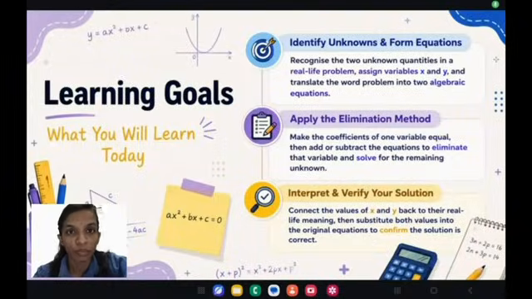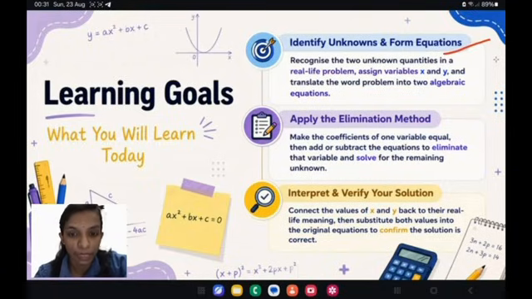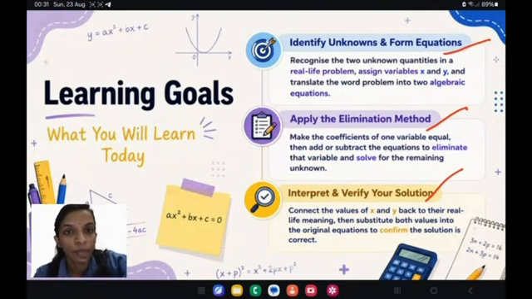By the end of our lesson, you should be able to identify and form equations, apply the elimination method, and interpret and verify our solutions. We are not going to stop once we get the values of x and y. We also need to explain what those values mean in real life situations and check whether our answer is correct.